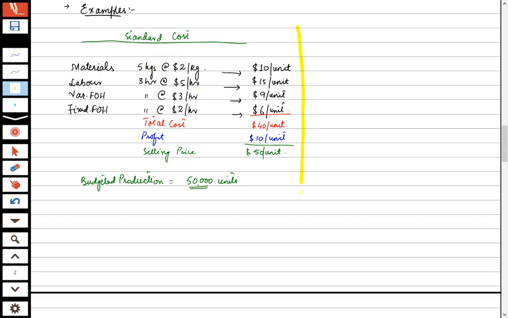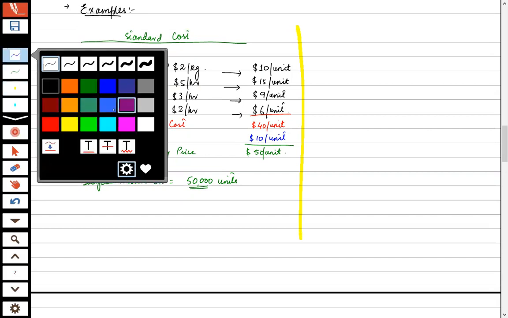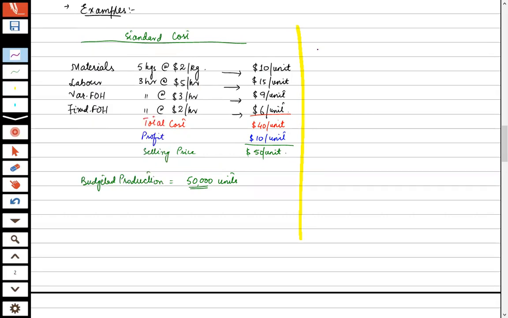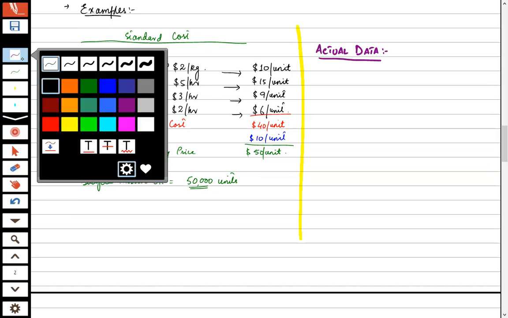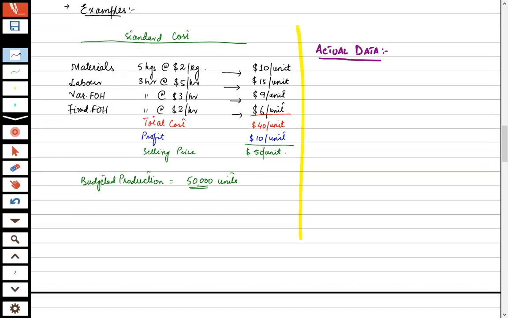Now the process will begin, and eventually the final figures of material, labor, and overhead will come out. Then we will have the actual data. Now, actual data works out to be the production and sales.